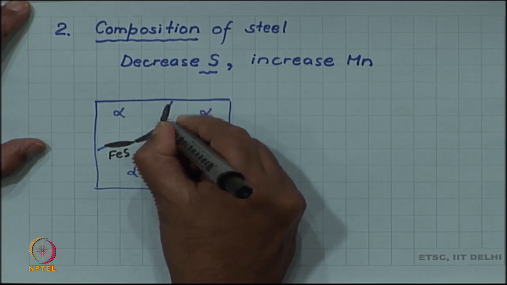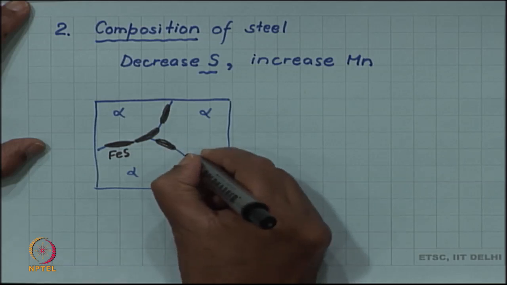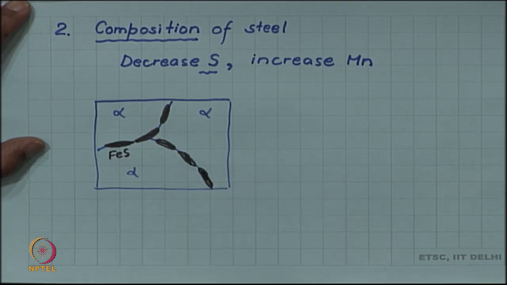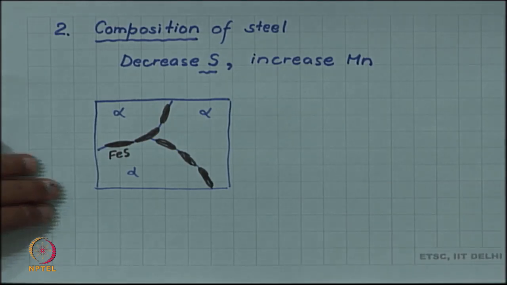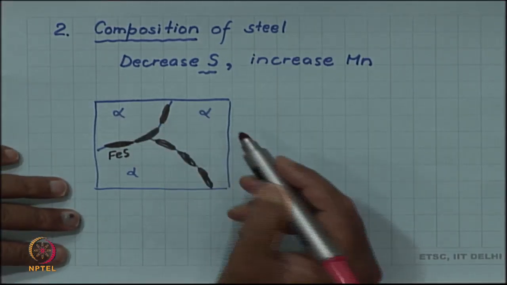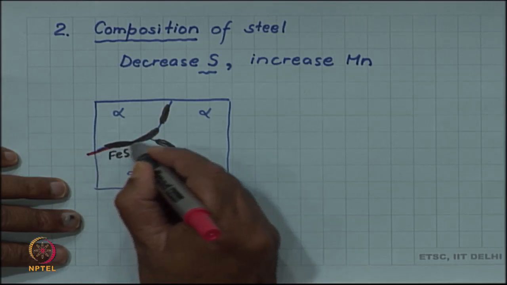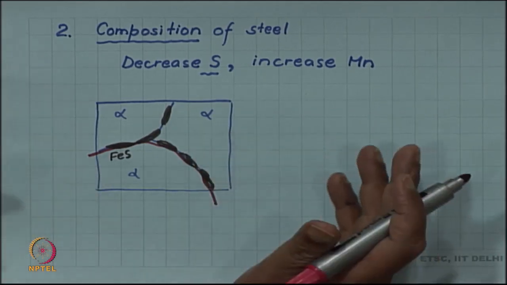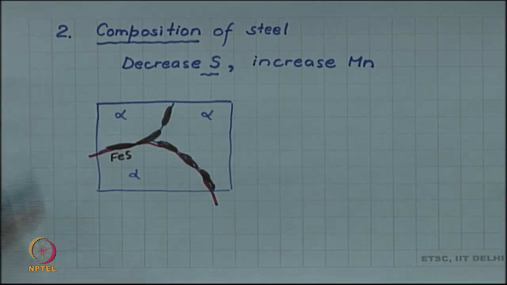So, if the sulfur concentration is high, the entire boundary can get coated by these brittle FeS particles. So, you can see, even if the alpha phase is ductile, the grain boundary will act like an easy path for cracks, and the fracture will propagate.